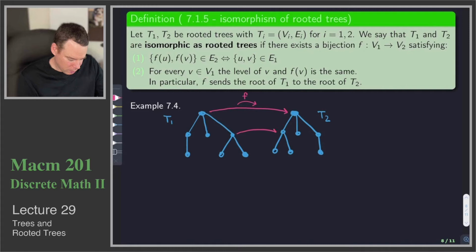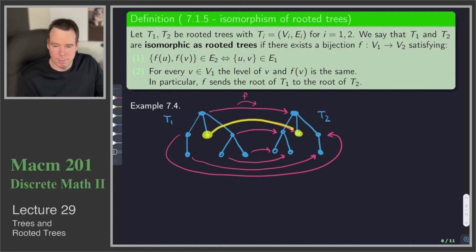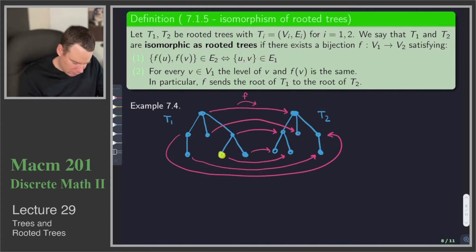This child gets mapped to that child, and so on. This could be our mapping, F, that takes all of these vertices in this way. And what we see is that no matter what vertex I consider, let's say this one here, it's at level 1. The corresponding vertex it gets mapped to is also at level 1. This vertex is at level 2. It gets mapped to a vertex also at level 2. So that's this second part about them being isomorphic as rooted trees.